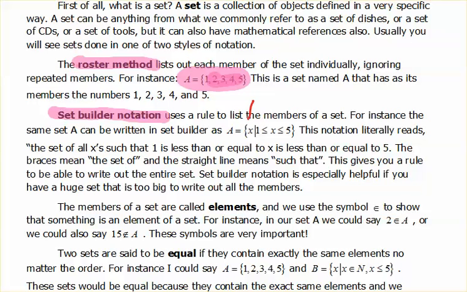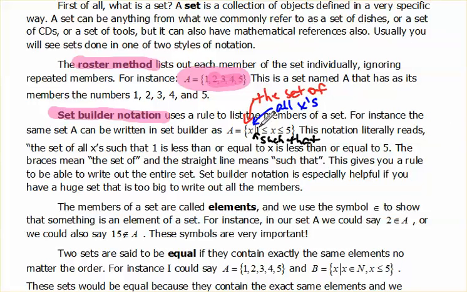The brace means the set of. Then the x is all x's. And now we have that straight line here. That means such that. And then you have your rule.